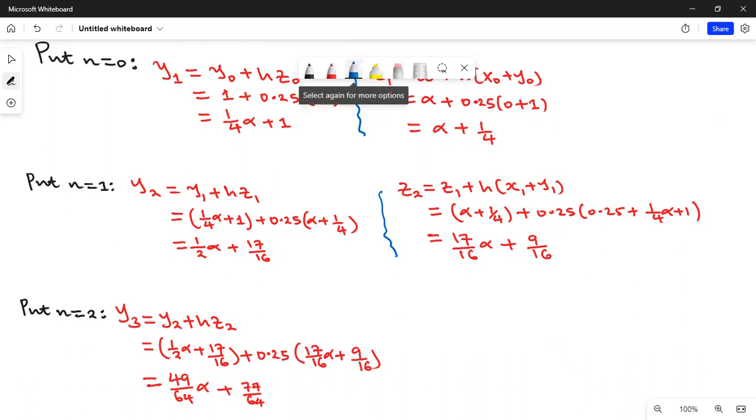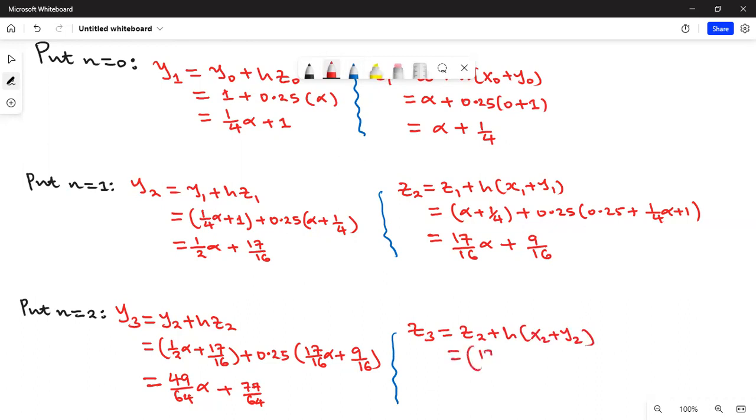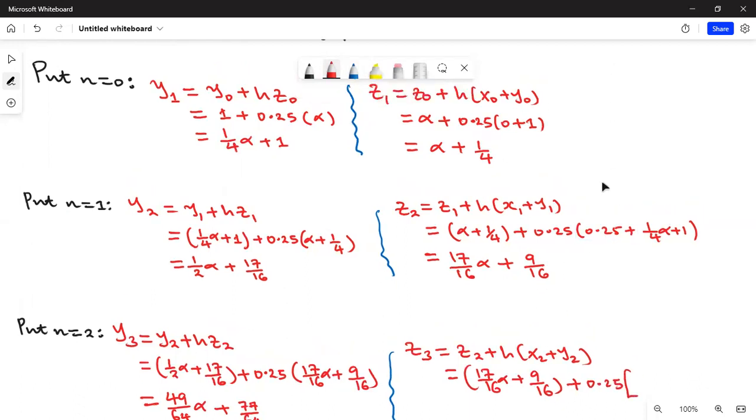Let's also find Z3. So here Z3 is equal to Z2 plus H into X2 plus Y2. Our Z2 is 17 over 16 alpha plus 9 over 16, plus our H is 0.25 into our X2. What was it? We can confirm.